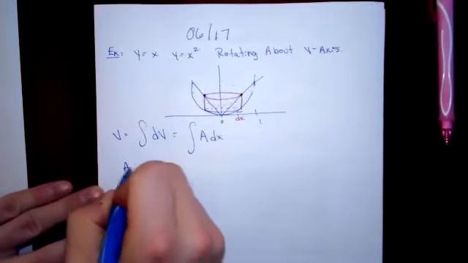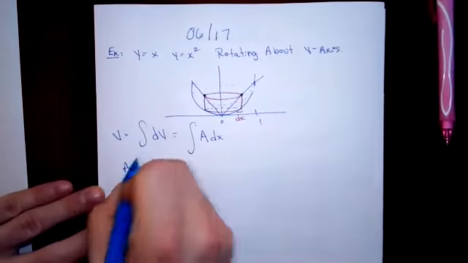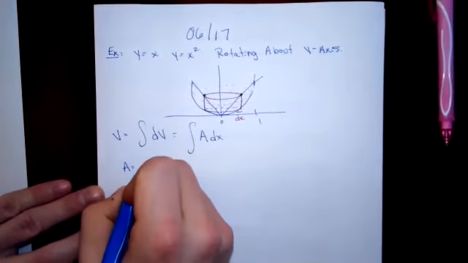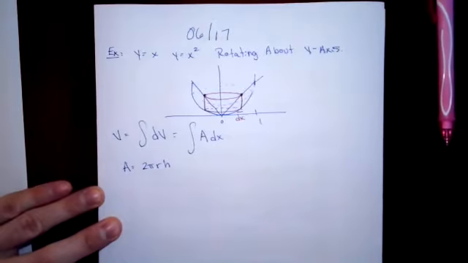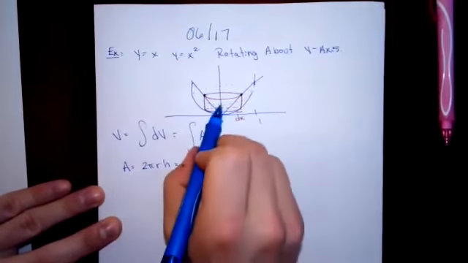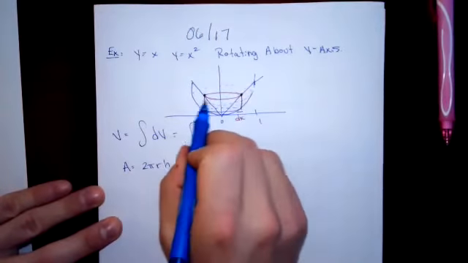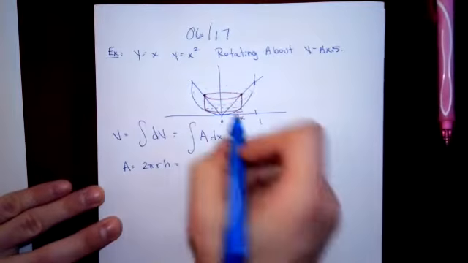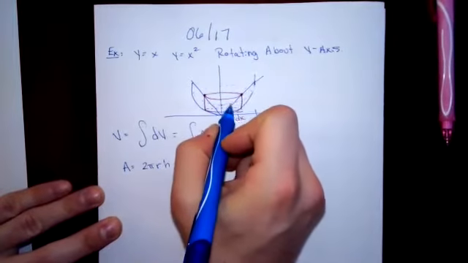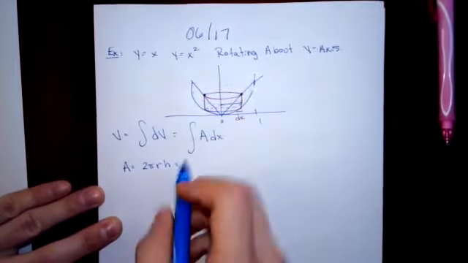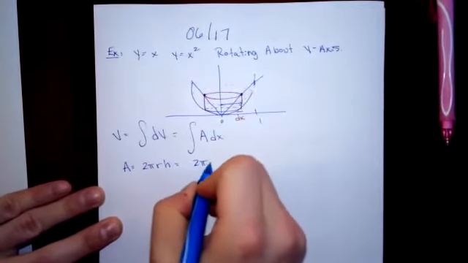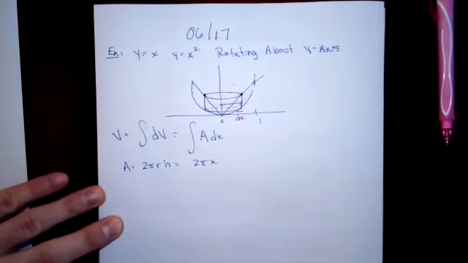We remember the area for a cylinder is 2 pi r times the height. And because we are rotating around the y-axis, the radius is just going to grow as x grows. So the radius is just the x value.